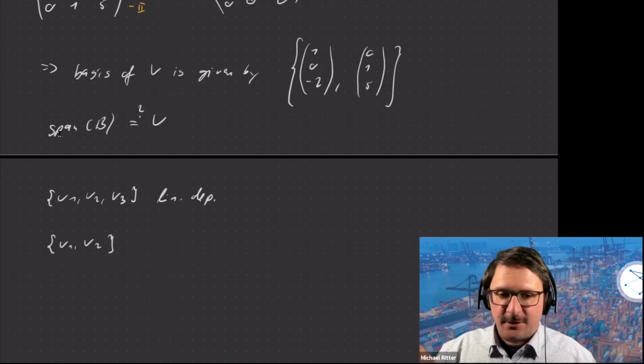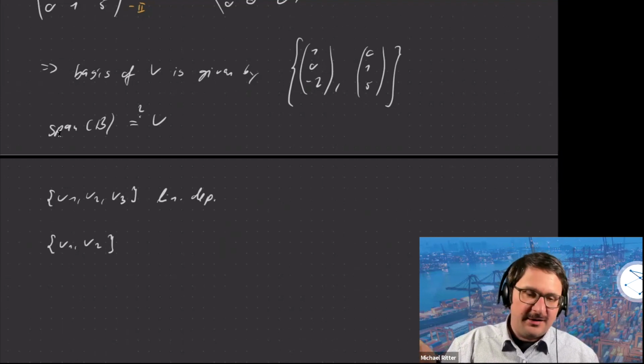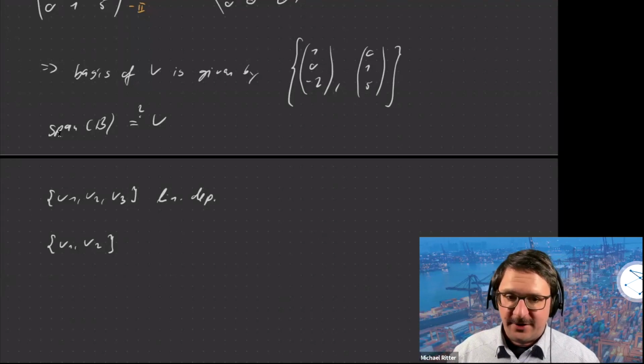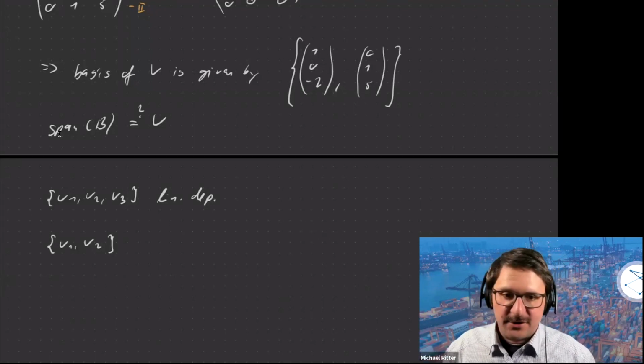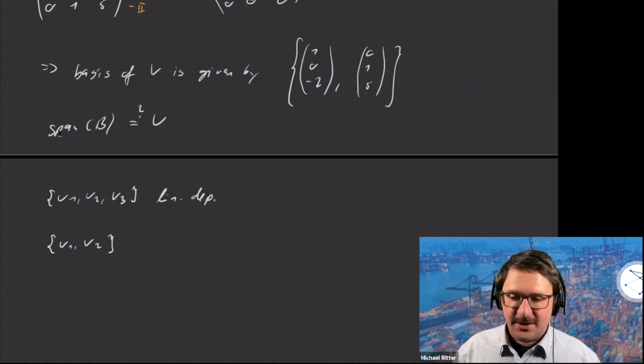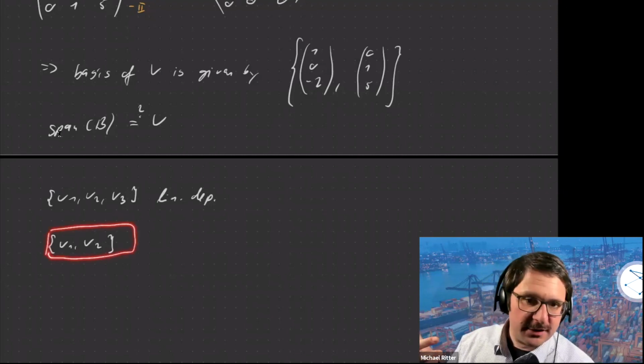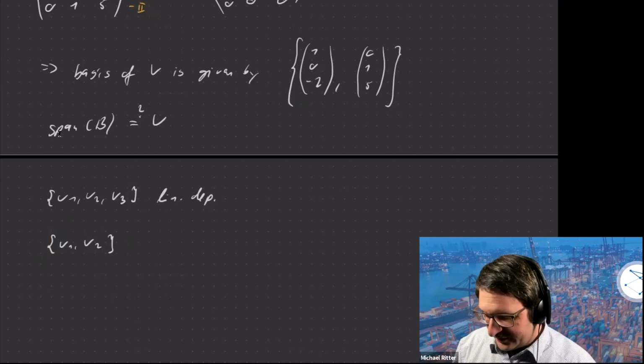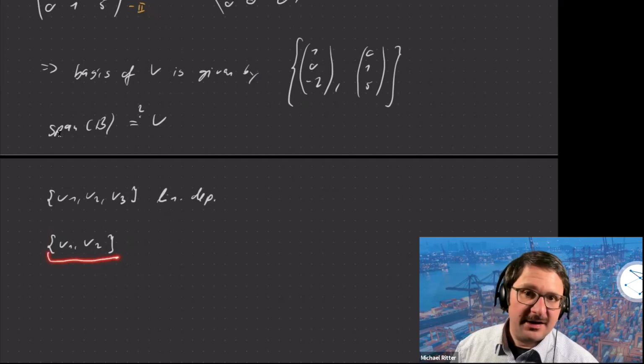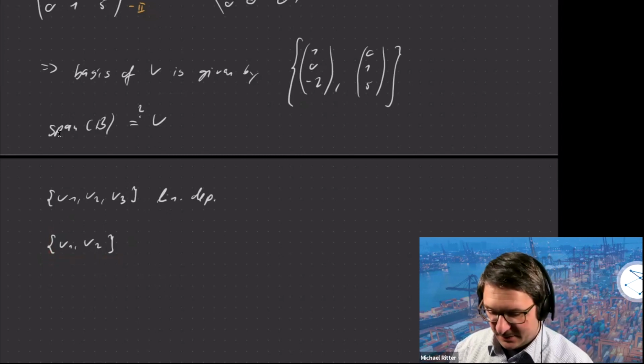In this example, we've seen that V3 is a linear combination of V1 and V2, so we can just drop V3 and only keep V1 and V2, and we get the same span. Now that new smaller set could still be linearly dependent if V1 and V2 were multiples of each other, but in this case they're not. So this set is linearly independent now.